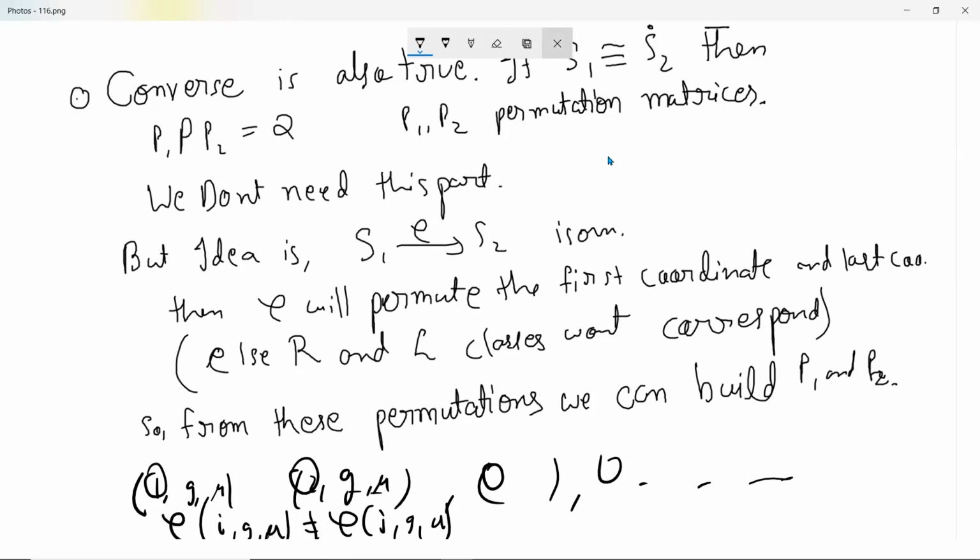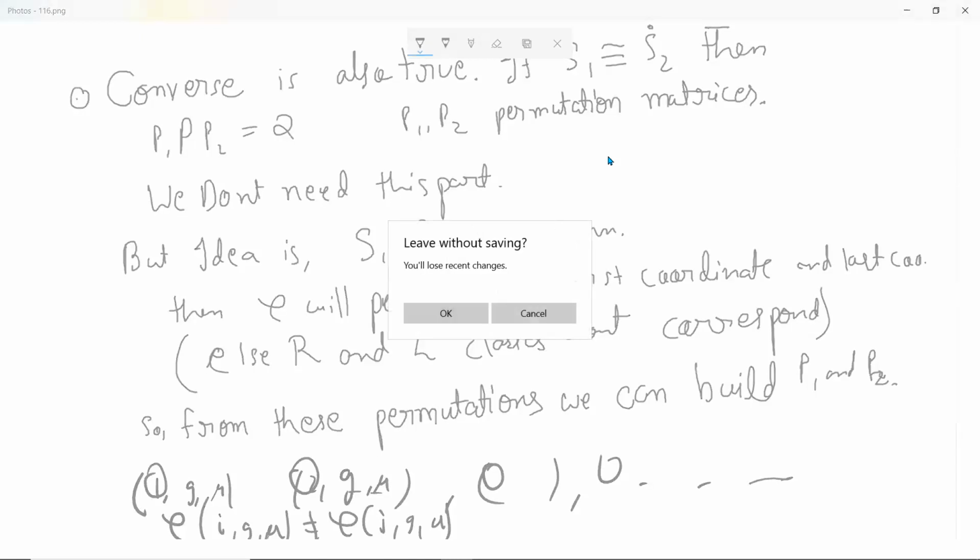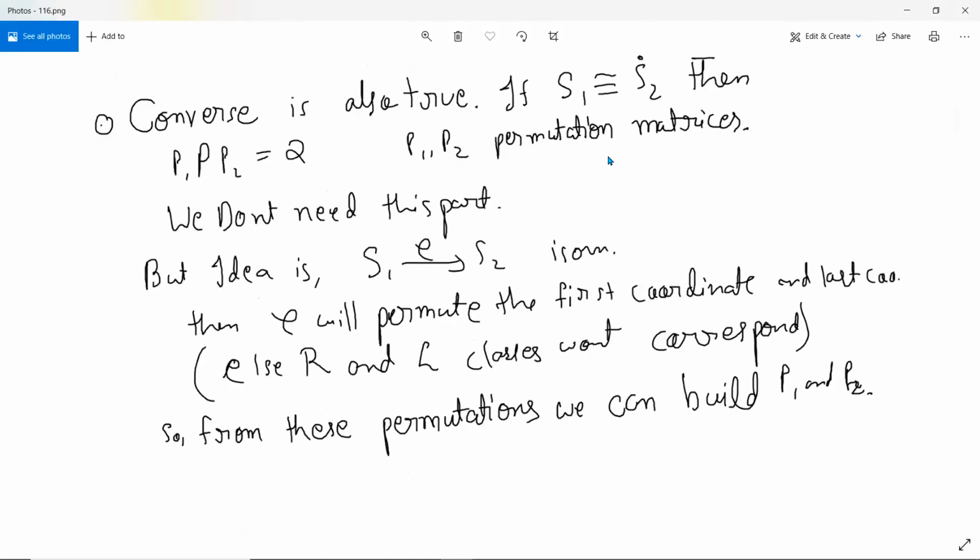Then they're certainly not isomorphic. So with those things, we understand that it will just be permuting the first and the last column. Then you can use those permutations to decide how you need to permute the columns and rows of P to get Q.